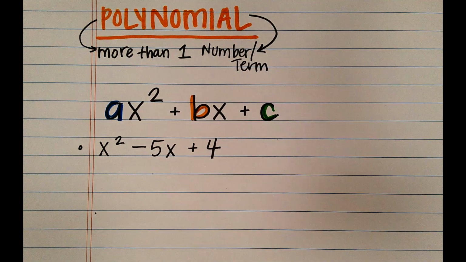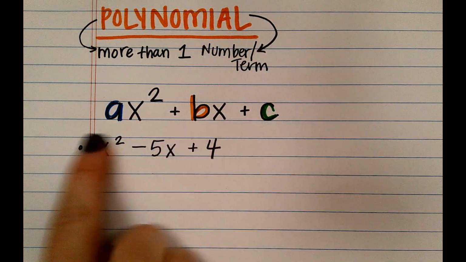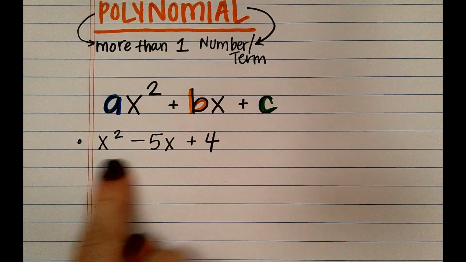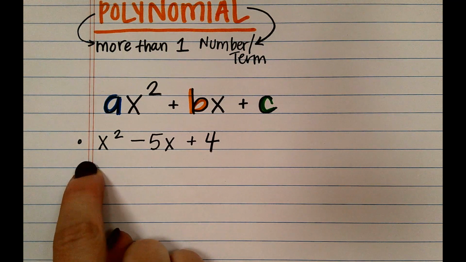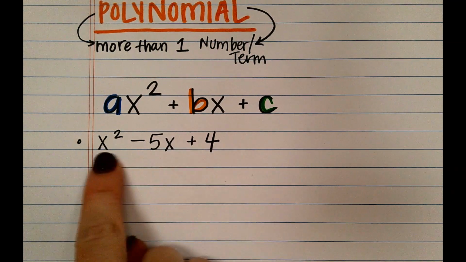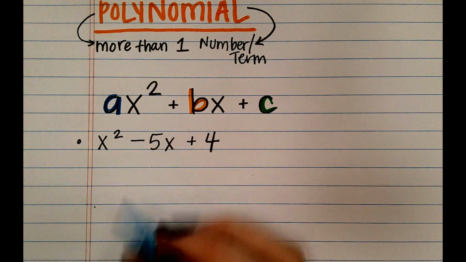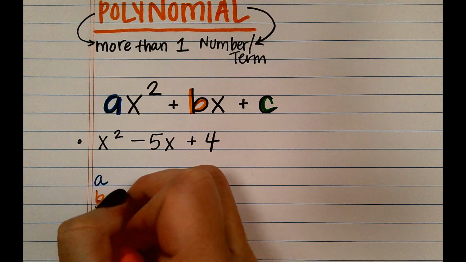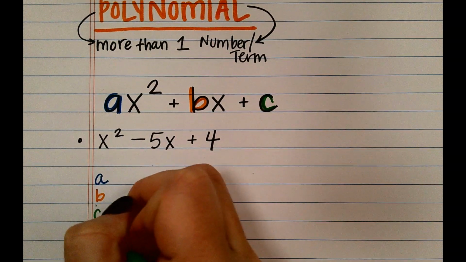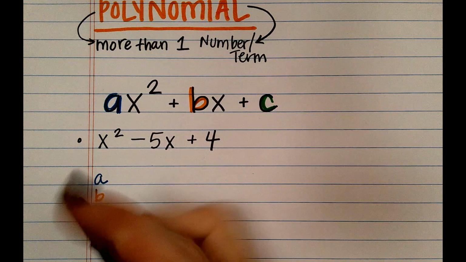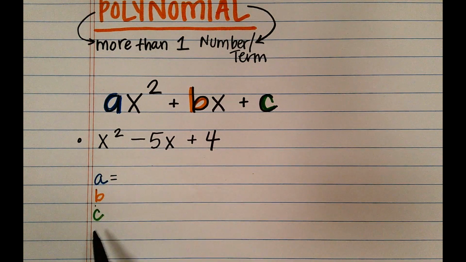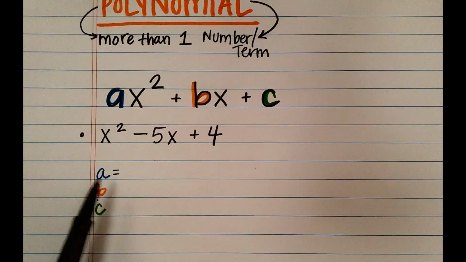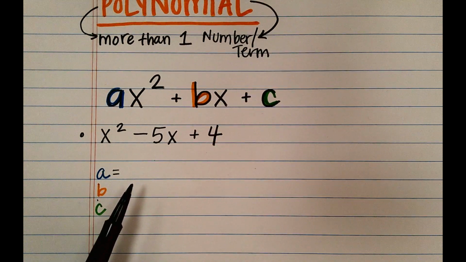Okay, so if I wanted to take this form with the ABC and name what numbers are in the same spot as ABC for this polynomial, let's write out A, B, C. In x squared minus 5x plus 4, what number would be A? Anybody know? 1.